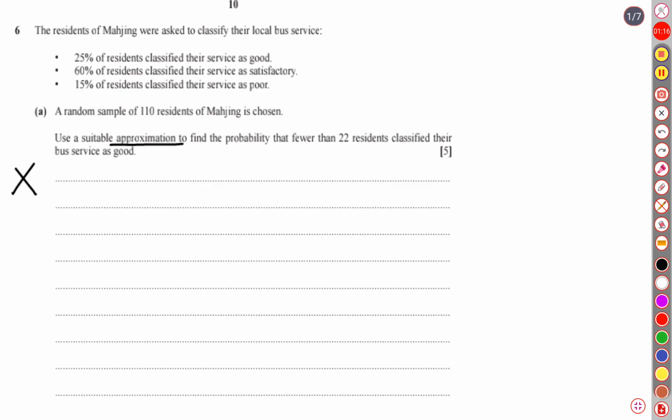X is our binomial distribution, where the parameters are the total number of trials, the sample of 110, and the other parameter is probability. The percentage of people who classified it as good is 25%.